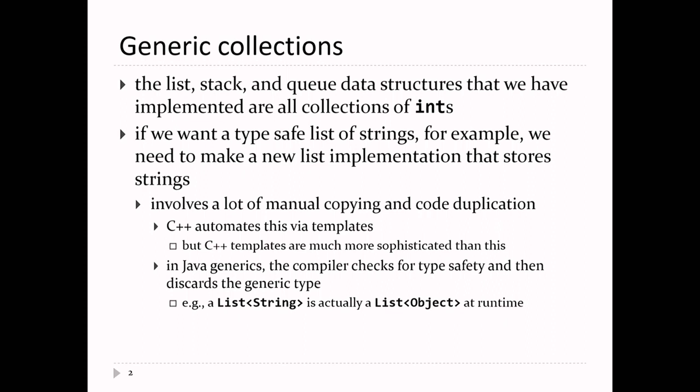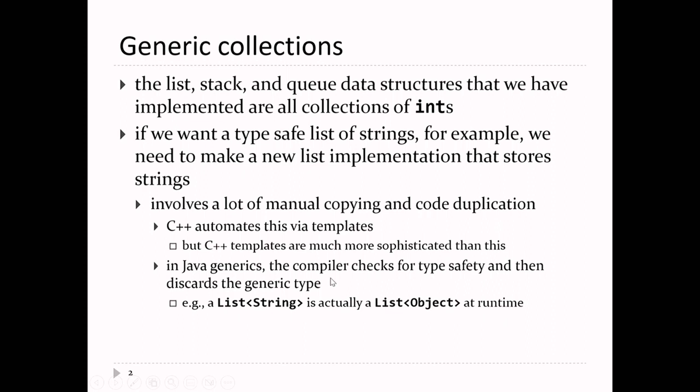So if you have a list of int, then somewhere there's a version of that source code file that represents a list of int. Somewhere else there's a version that represents a list of strings. Somewhere else there's a version that represents a list of double. So C++ automates that copying and code duplication. Now the templates actually do a lot more, which you will probably learn about later on.